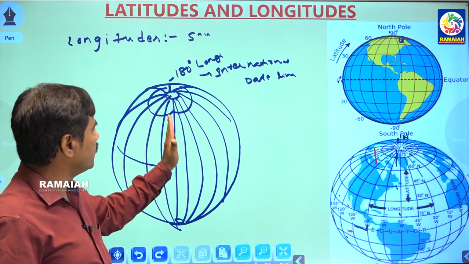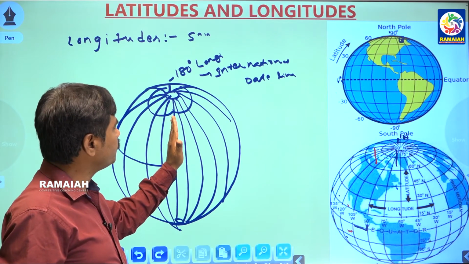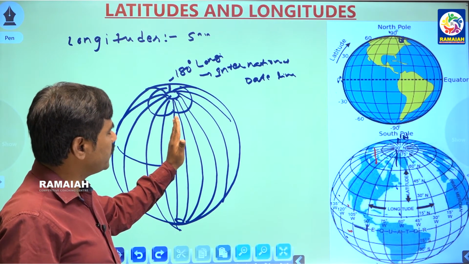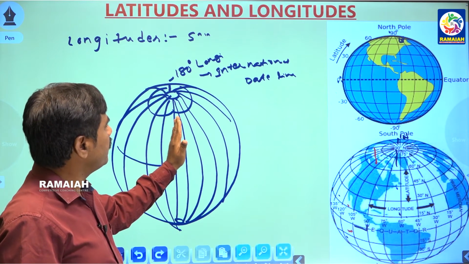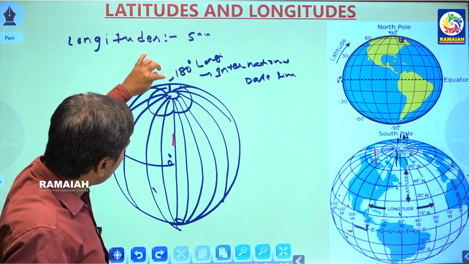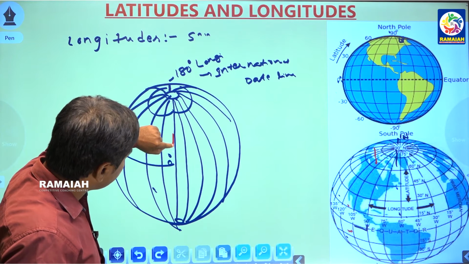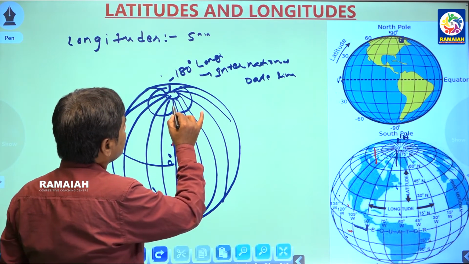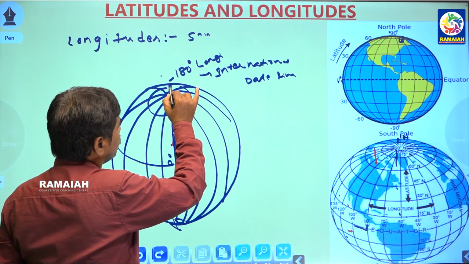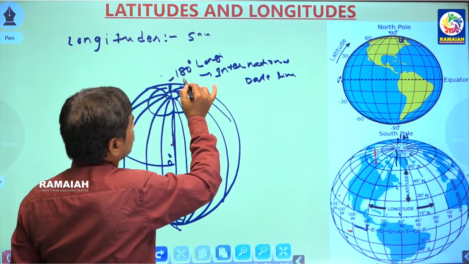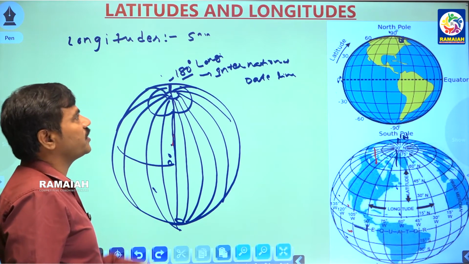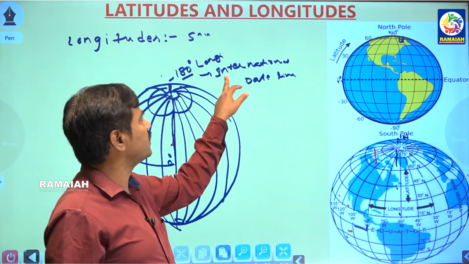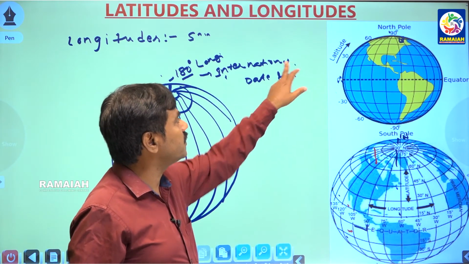One is the 0 degree longitude, which is called the Greenwich line. And one more important longitude is exactly on the back side of the Greenwich line. This is the 180 degree longitude, and another name for it is the international dateline.